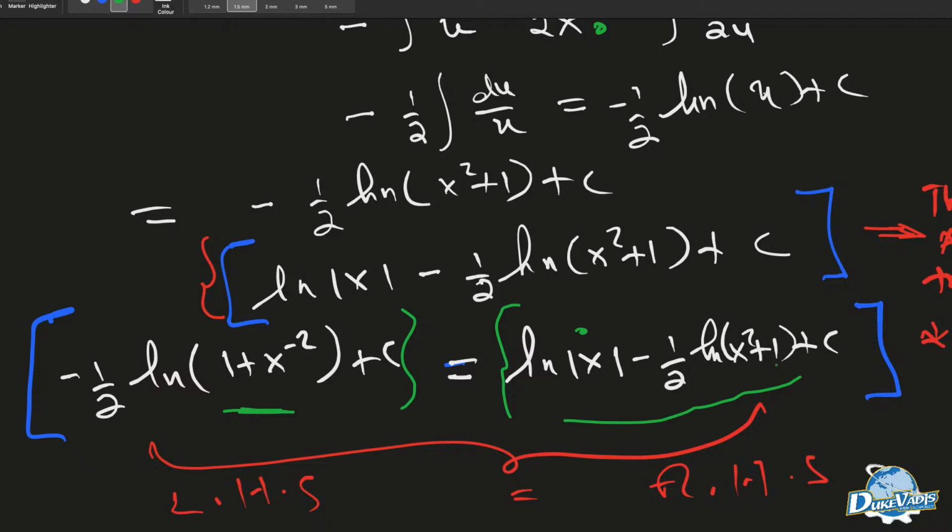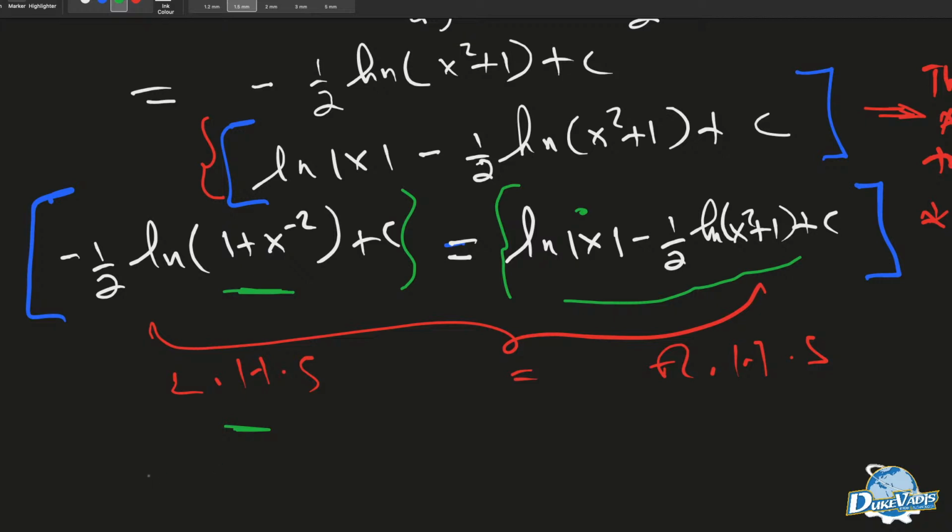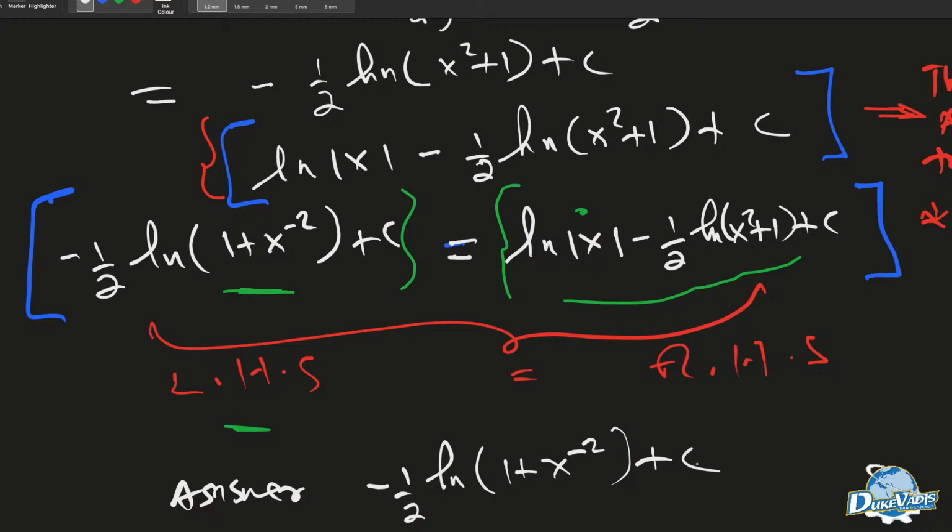Let's, in the first place, consider working from the left hand side to prove that it's the same as the right hand side. Our left hand side answer, as you can see, is minus half natural log of 1 plus x raised to the power negative 2, plus c.